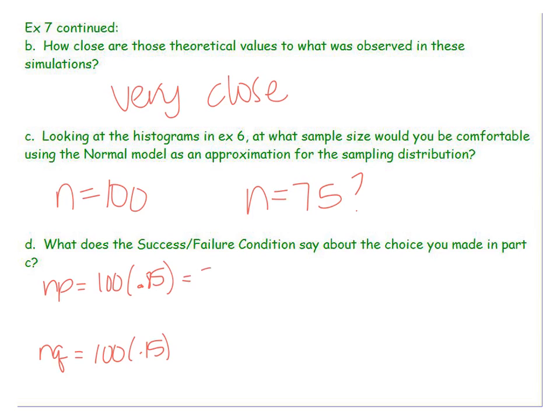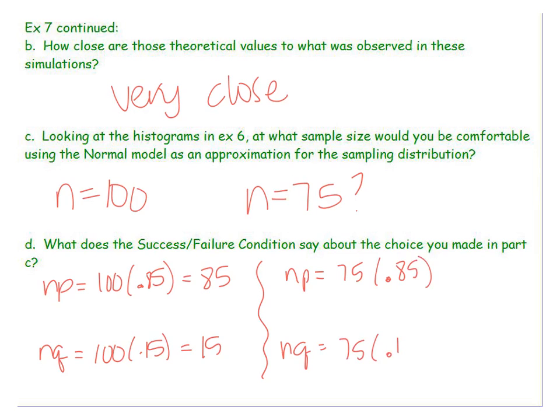Well, that will give me 85 and 15, both of which are greater than 10, so absolutely no issues saying yes to 100. The 75 was the question mark, so let's calculate the same thing. So this time it's 75 times 0.85 and 75 times 0.15. Well, it just so happens that the first one comes out to be 85, which definitely no issues there. I'm sorry, I looked at the wrong number.